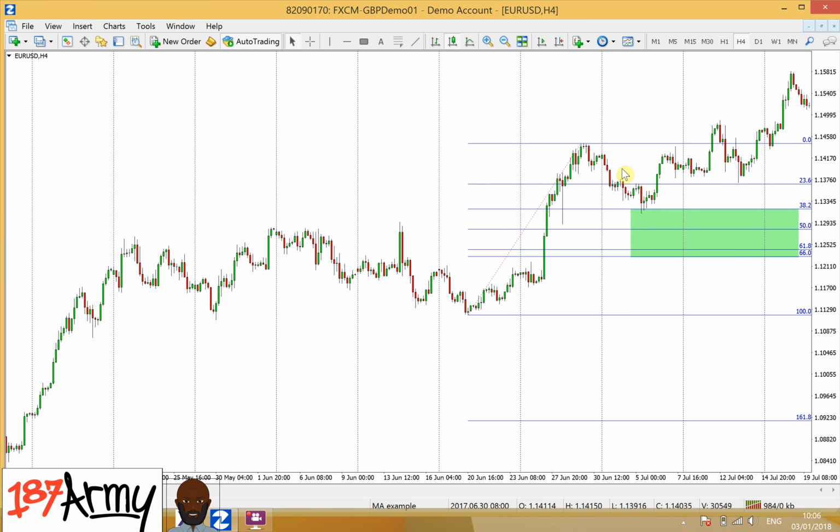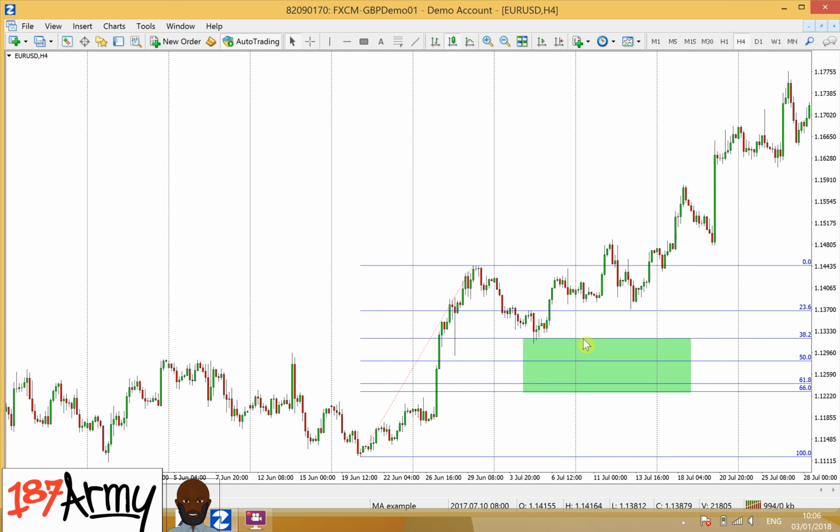You can see that price did enter your marked out level of Fibonacci, between the 38.2 and the 66.0, and price did find support here and made a higher high. This was the previous high, and it exceeded the previous high, so that's a higher high. So you can see how Fibonacci worked there.